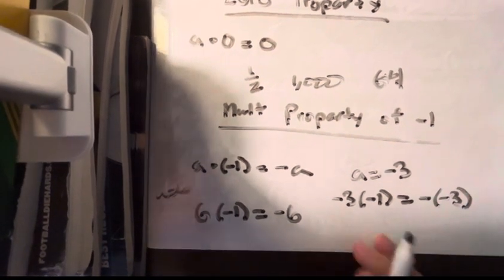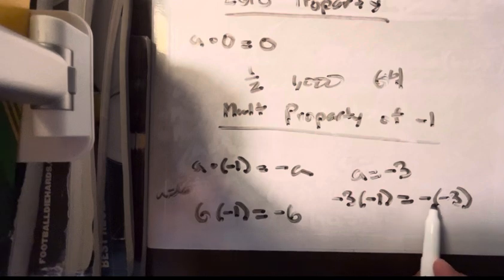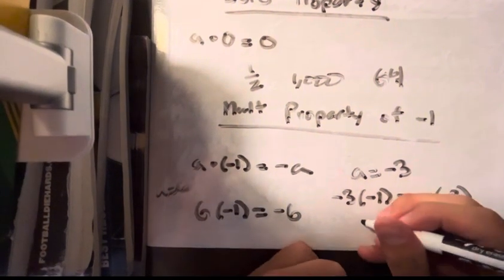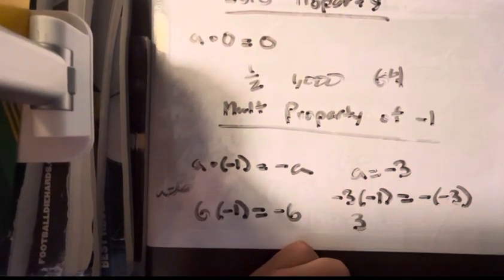You can't just get rid of this negative here when you plug in this -3. You have to have both the negative signs inputted into the equation. So you have -3 times -1. What is the flipped sign of -3? That's going to be 3. It's going to be +3.